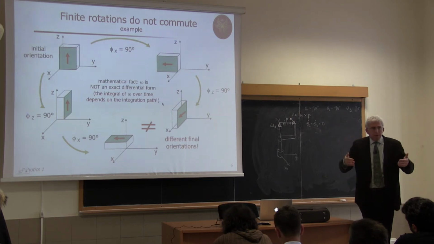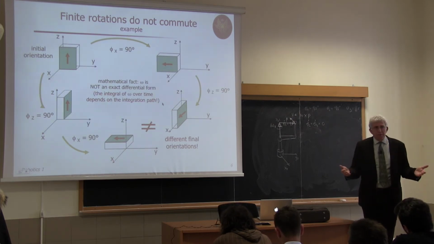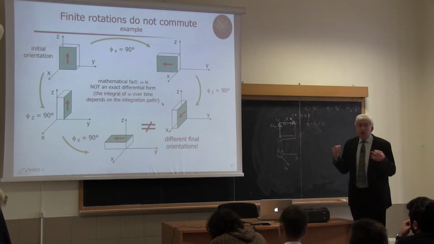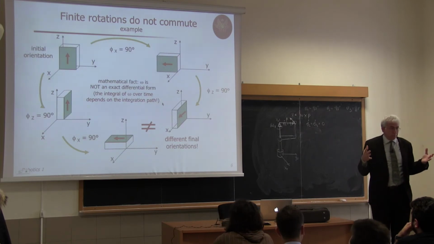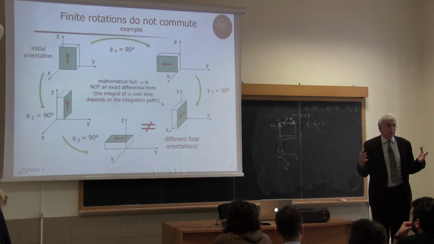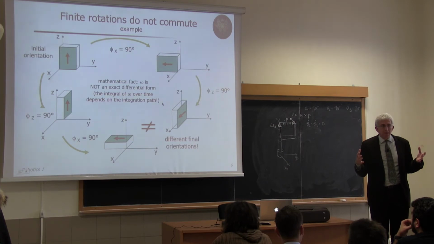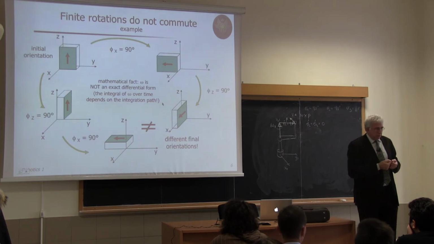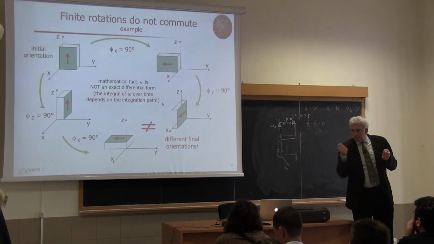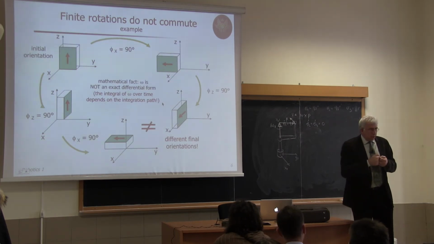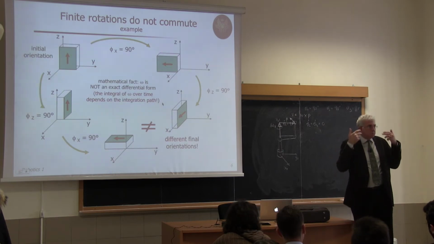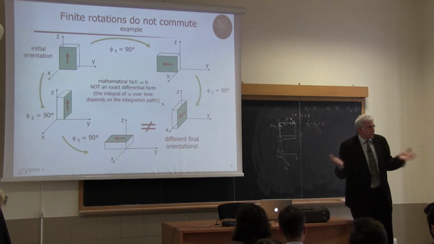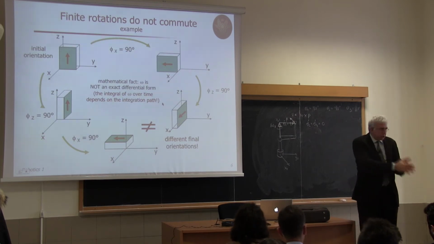If I now put time into the picture, so I will have some angular velocity, well, the angular velocity is not an exact differential form. You remember this concept from calculus, analisi 1. So this means that if I want to integrate the history of the angular velocity, and integrating the history would give you some information on how your orientation has changed from some initial orientation to a final orientation.